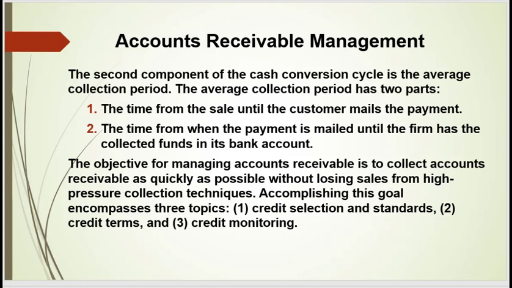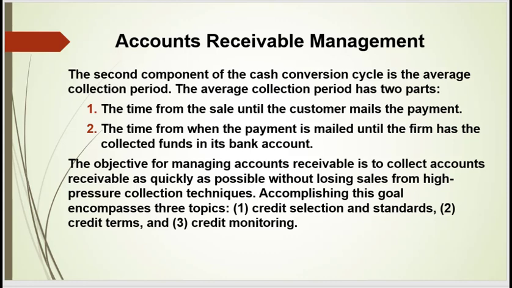How do we get them to mail the payment quicker? And then how do we get the payment to get to us quicker? As quick as possible, we want to try to figure out how to do this. We can look at this in three ways. We can look at credit selection and standards: how do we offer credit to people?